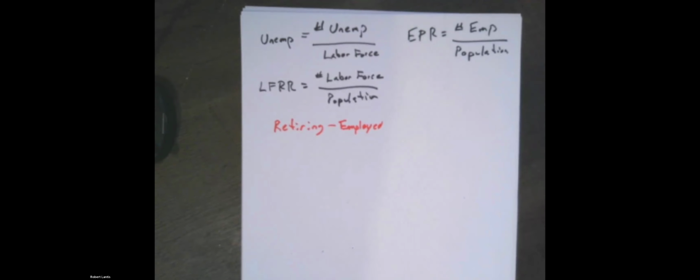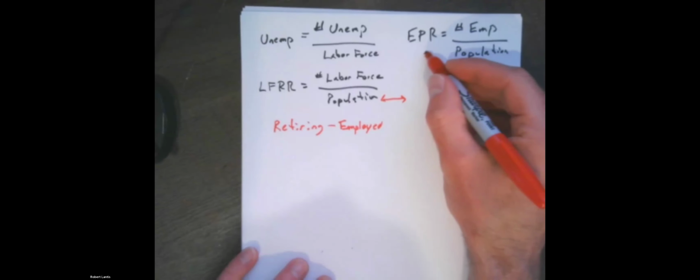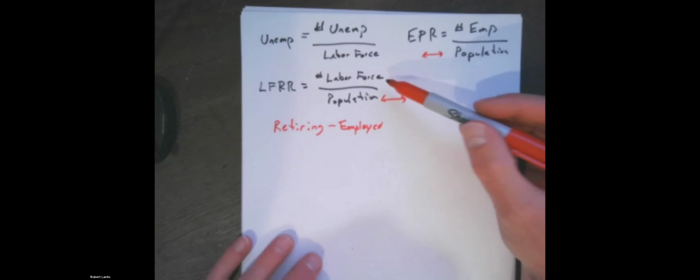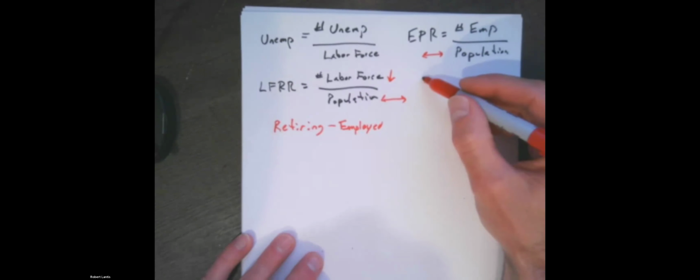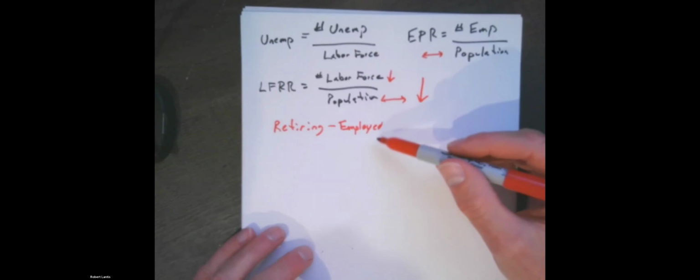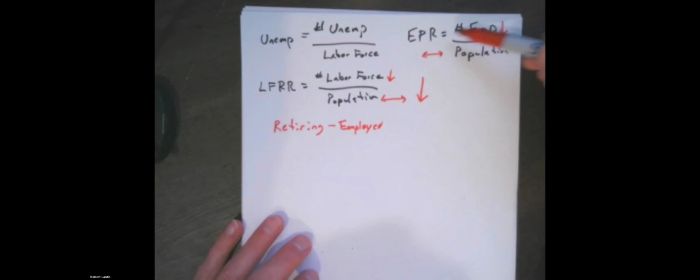These people who are retiring still could be working, so that population actually isn't going to change. However, those people are dropping out of my labor force, in which case my labor force participation ratio is going to decrease. If they all were previously employed, it's also going to reduce the number of employed individuals, in which case my employment population ratio would decrease.